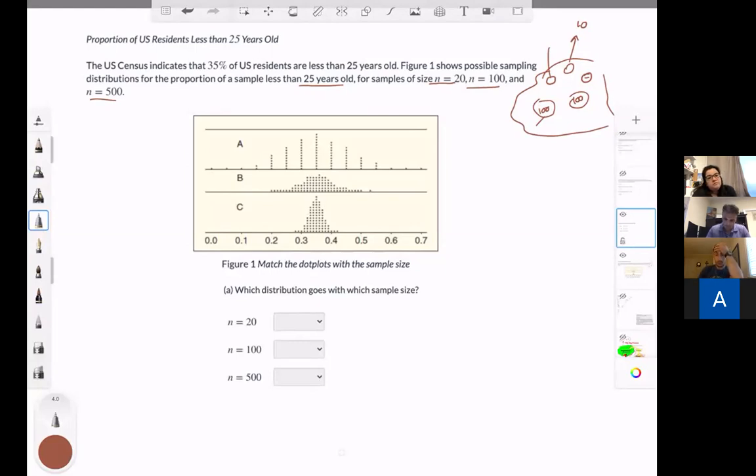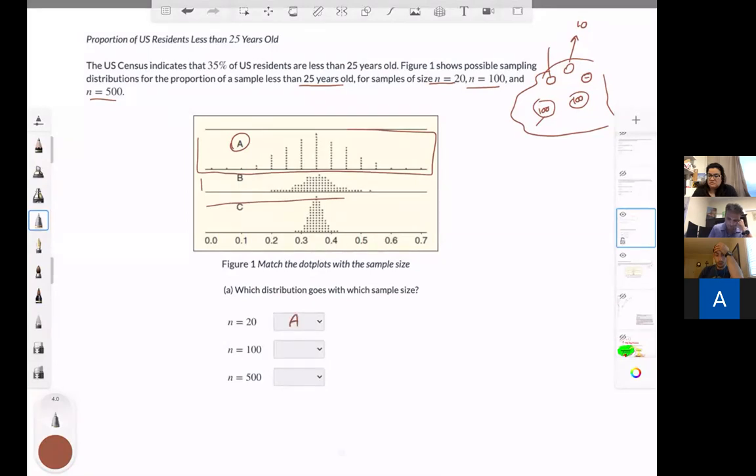N equal to 20. Do you think the graph is A, B, or C? Which one is n equal to 20? Is it A? Pretty good. Because you can see they're far away, right? Because a small sample doesn't give much information. So this is A, very good.